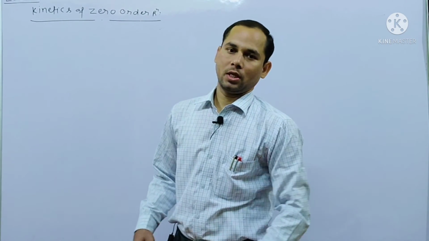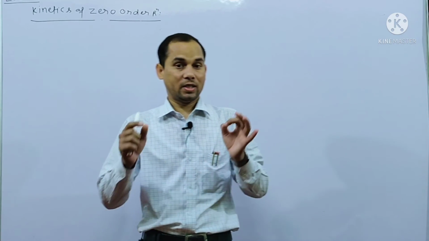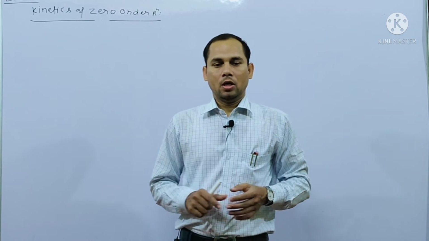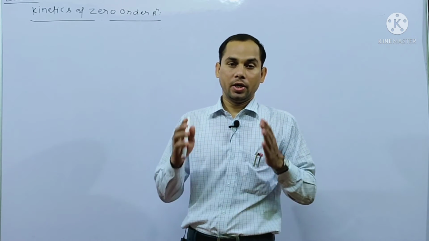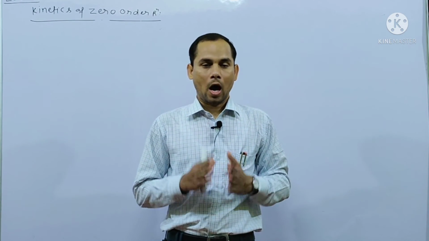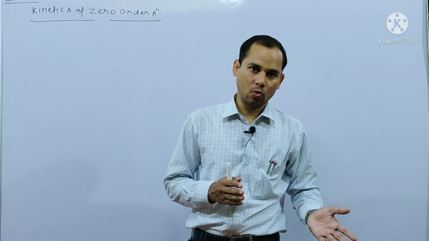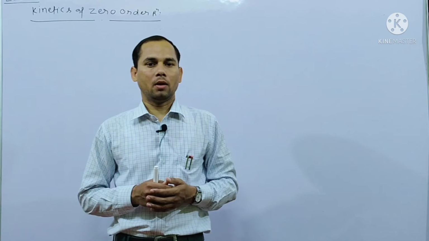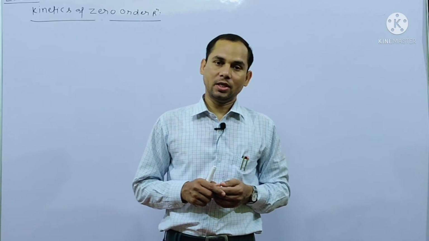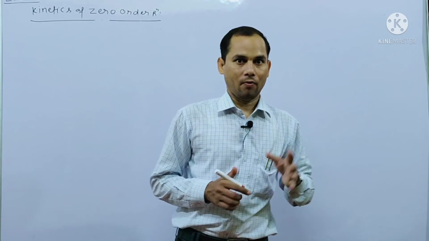It is the time period in which the concentration of a particular reactant reduces to half of its initial value, half of its initial concentration. This is called the half-life time, and it is represented by T half, right?